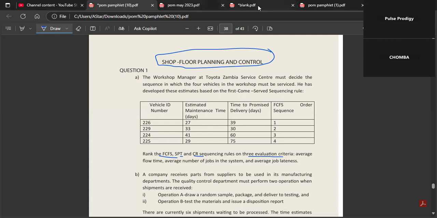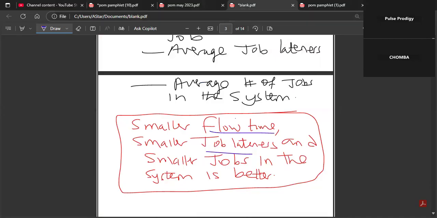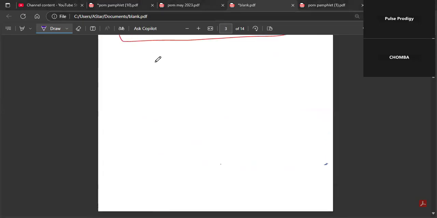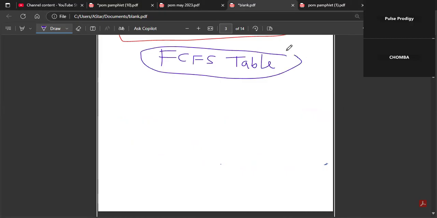So what you do, you don't have to waste time. The solution here is going to be this way. So this is how the jobs came. So here we have what we call the first come, first served table. So we have the vehicle ID. Estimated maintenance time is the same as the processing time. Then this other one, the due date, which is the time to promise delivery.